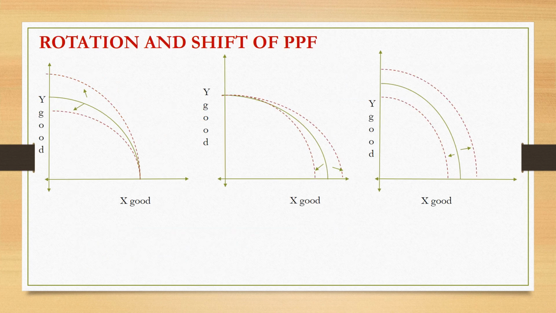Now let us come to rotation and shift of the PPF. In the first diagram, we see that the bold curve is the original production possibility curve.